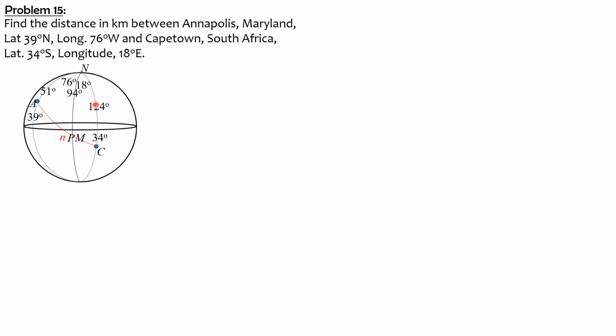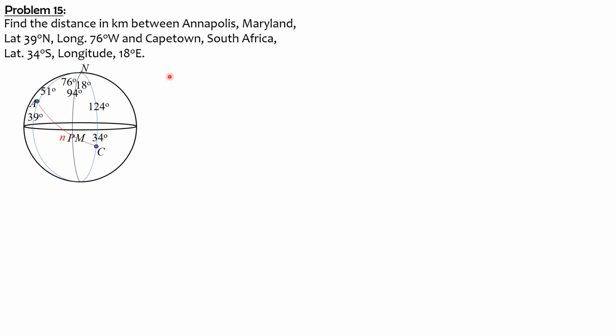So I will apply law of cosines for the sides here because the sides are given and the opposite angle is given. There are two laws of cosines, namely law of cosines for the sides and law of cosines for the angles.